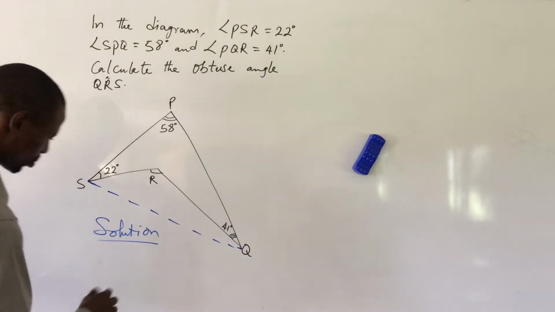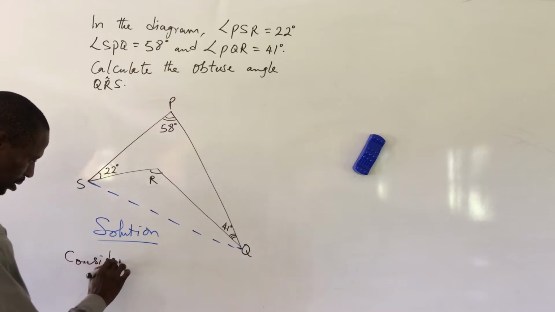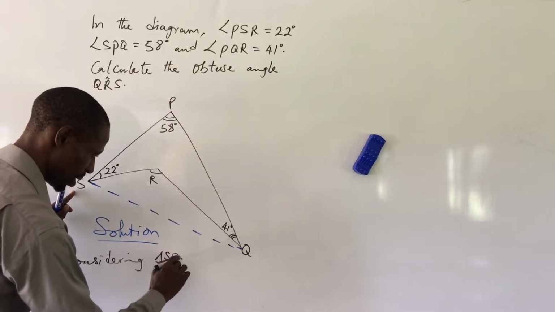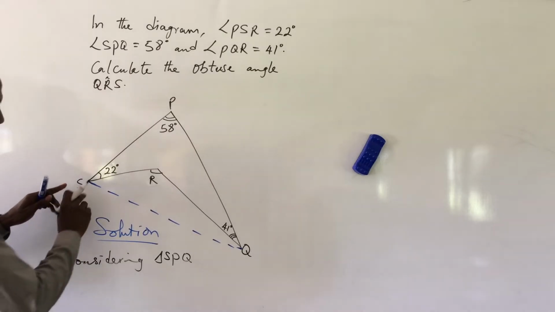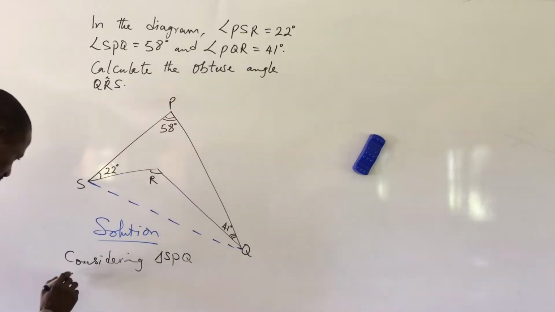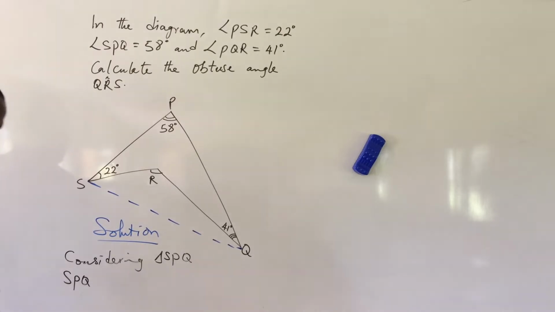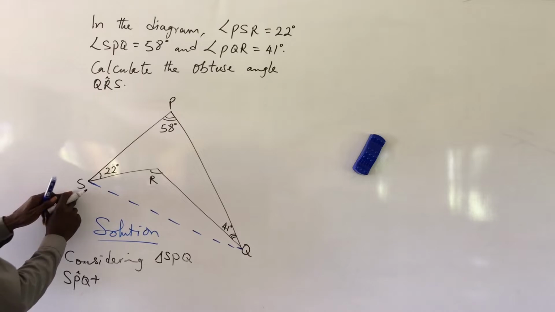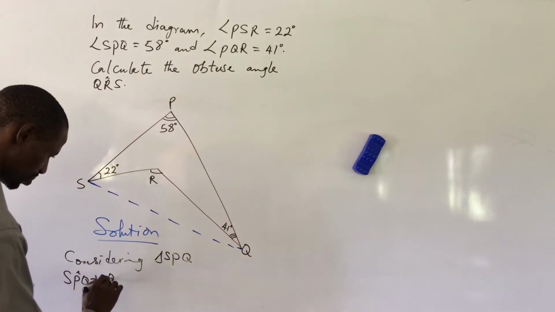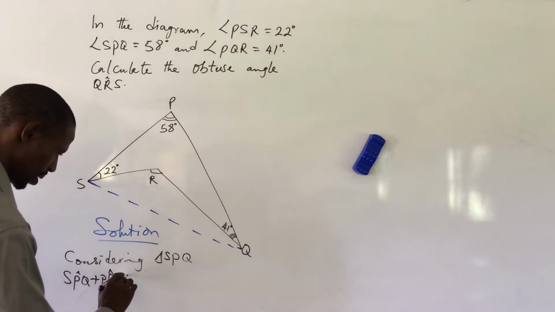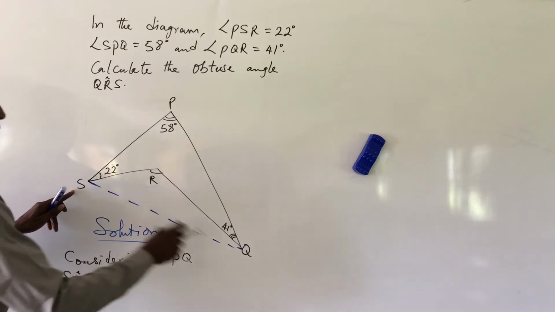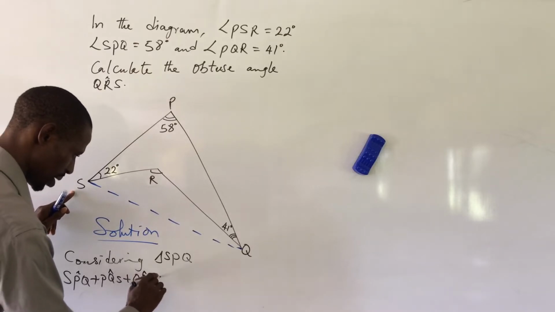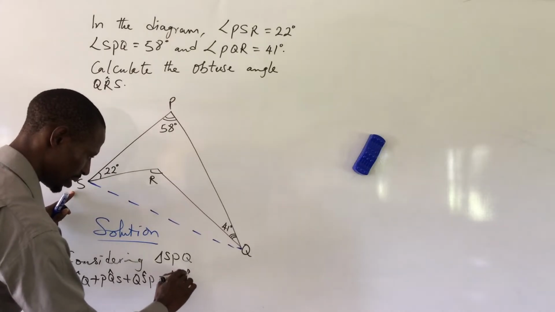From the bigger triangle, we can say, considering triangle XPQ, this is going to give us angle XPQ plus angle PQX plus angle QXP equal to 180 degrees.